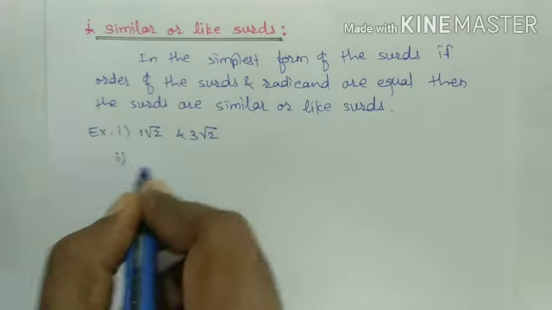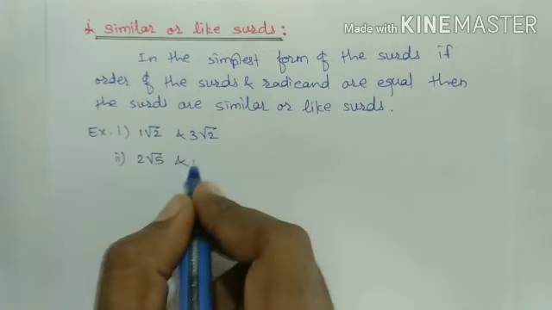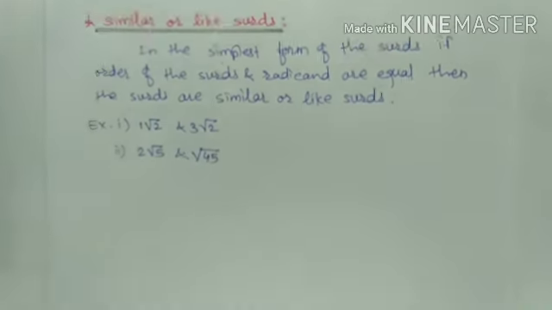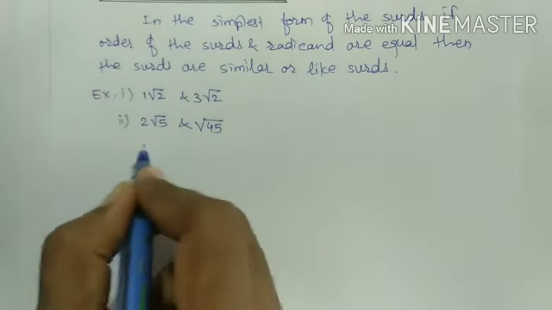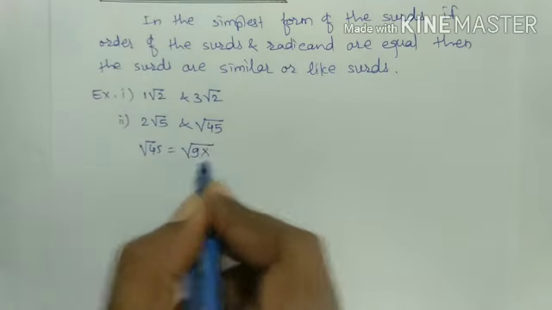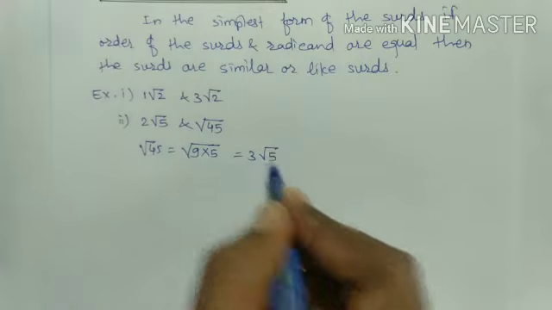Now see, 2 root 5 and root 45. Now in these two surds, we can simplify this surd. See, root 45 equals root 9 into 5, 9 fives are 45, equals 3 root 5.